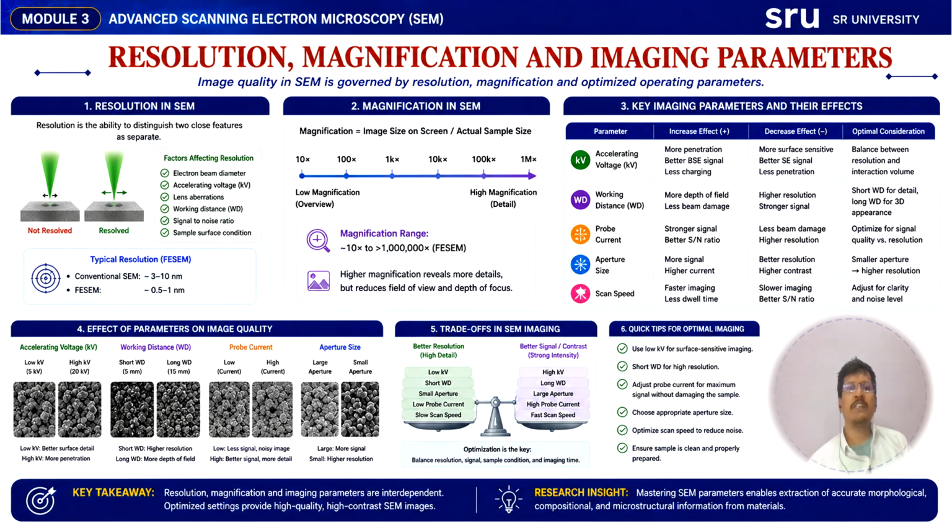Lower voltage provides better surface information and is often preferred for nanomaterials. The second parameter is working distance, which is the distance between the sample surface and the objective lens. A short working distance generally improves the resolution and detector efficiency.